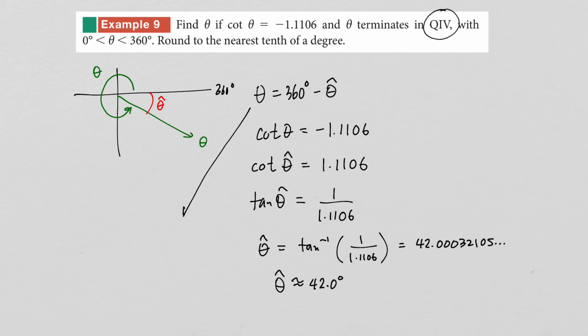And now from up here, that means that theta is equal to 360 degrees minus 42.0 degrees, and that is approximately 318.0 degrees.